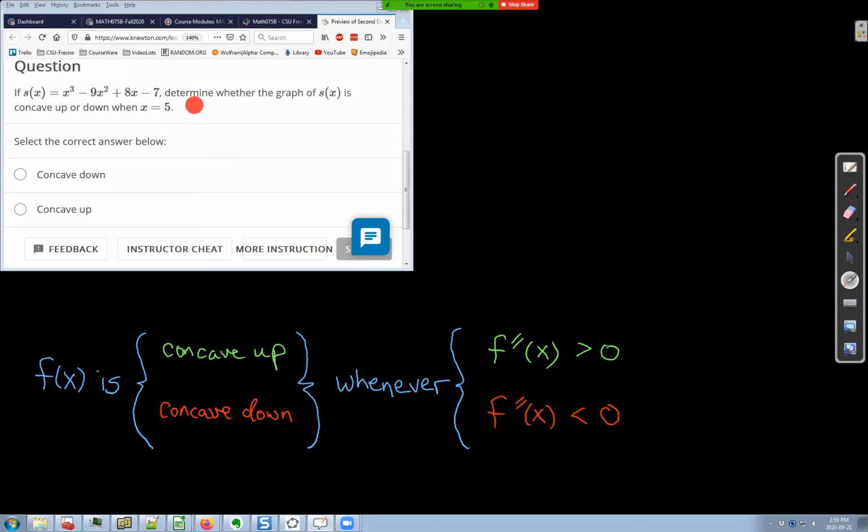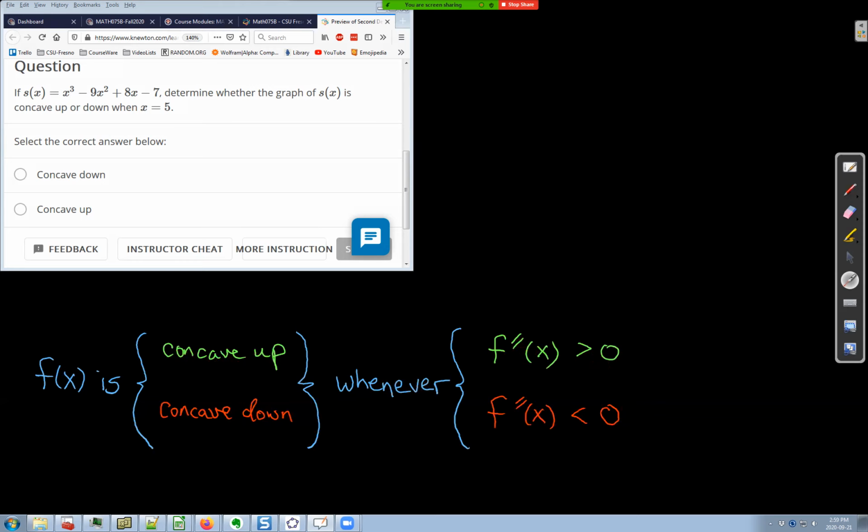So you might think, how are we supposed to answer this question? The key is understanding the relationship between the derivative, or in this case, the second derivative, and concavity. The thing you have to remember is that the original function is going to be concave up whenever the second derivative is a positive number.